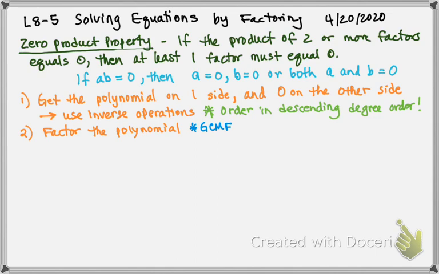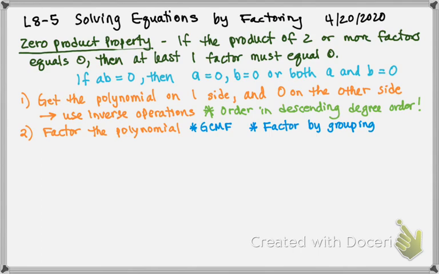Greatest common monomial factor, so it could be just numbers, it could be just variables, it could be a product of numbers and variables. And then look to see if you can factor by grouping, okay? These are the things that we know to do at this juncture, okay?